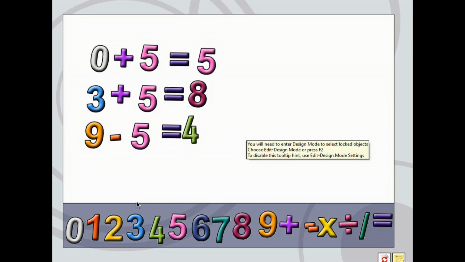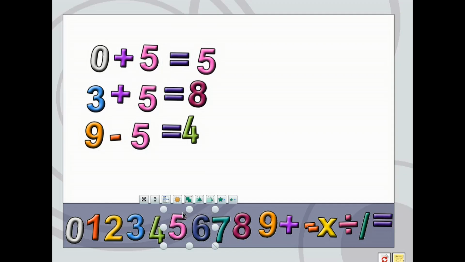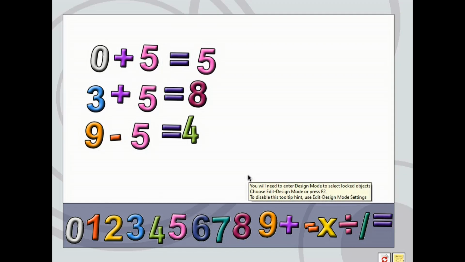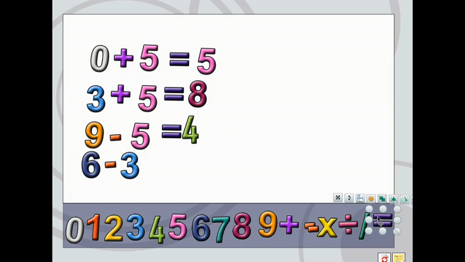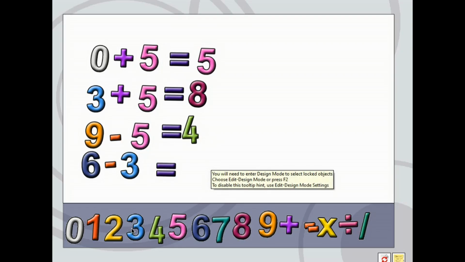This is one example. Yet we can add one more. 6 minus 3 equals 3.